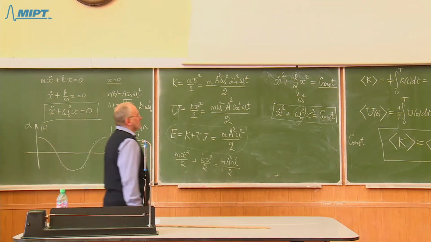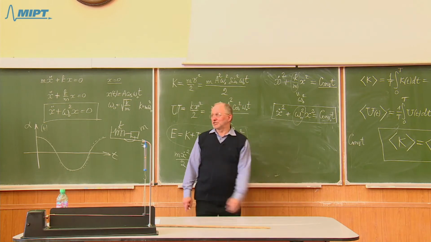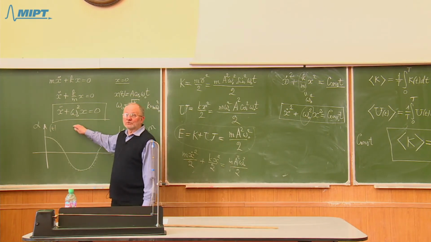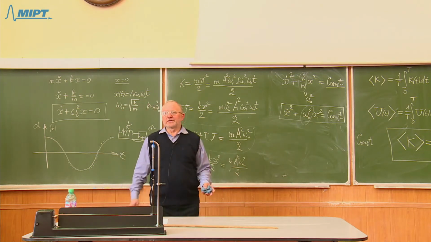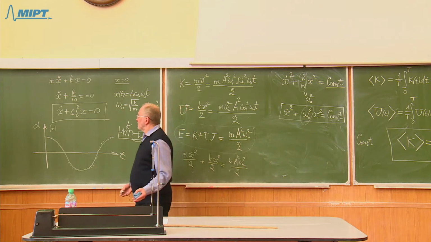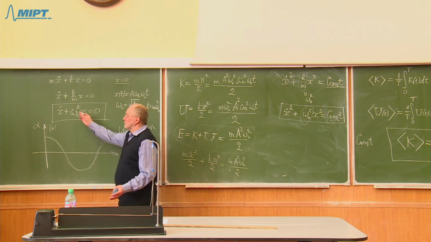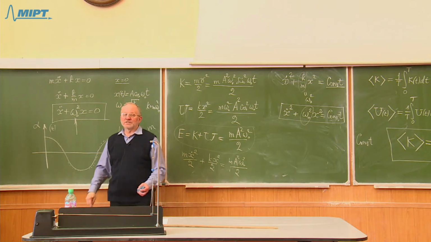So I can obtain vibration frequency either from energy consideration or from force consideration and the second Newton's law. Whichever way is more suitable, I can use any method in solving a particular problem. If it's simpler to consider forces and second Newton's law, I will arrive at this equation, and then I will find the frequency of oscillations.